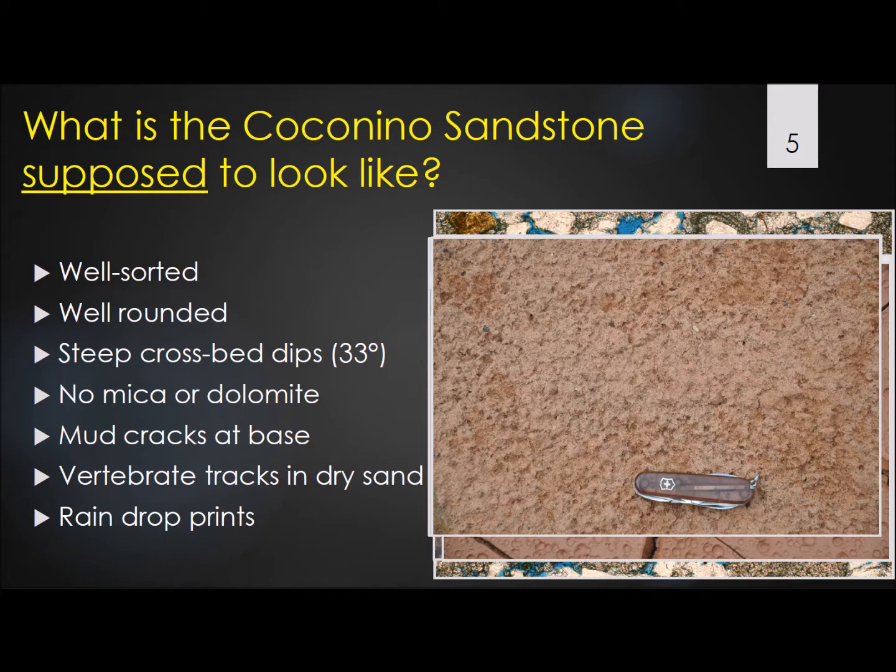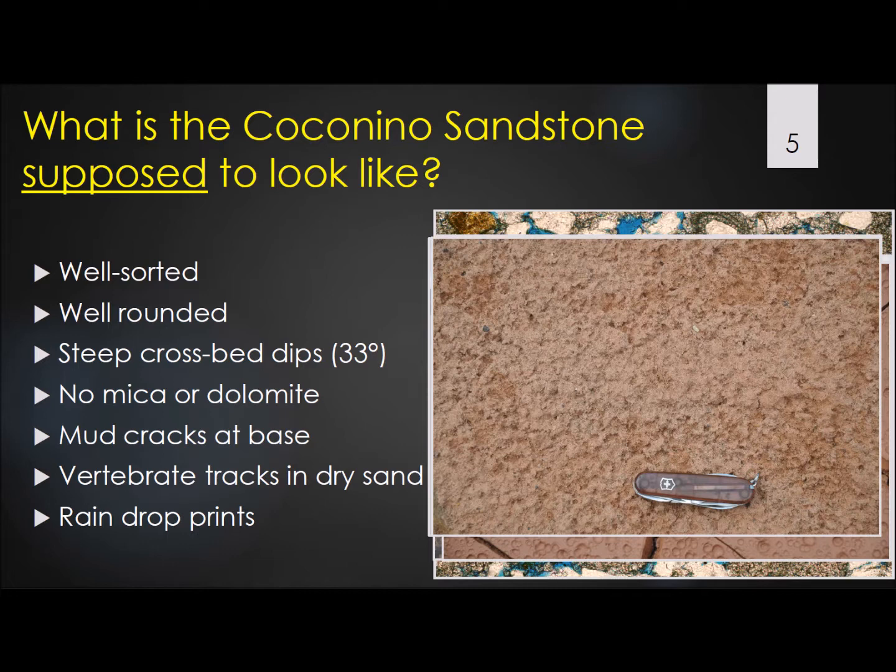And then one of the primary reasons that most people cite the Coconino as being a fossilized sand dune is because it has steep crossbeds. If we go to a desert setting and look at a sand dune like this sand dune in Great Sand Dunes National Park, if we put a protractor on that dune, it will measure about 33 or 34 degrees.